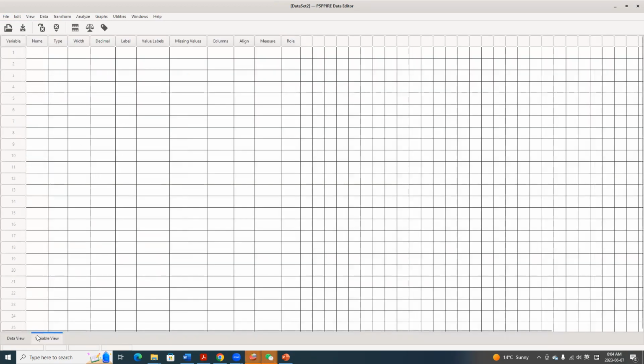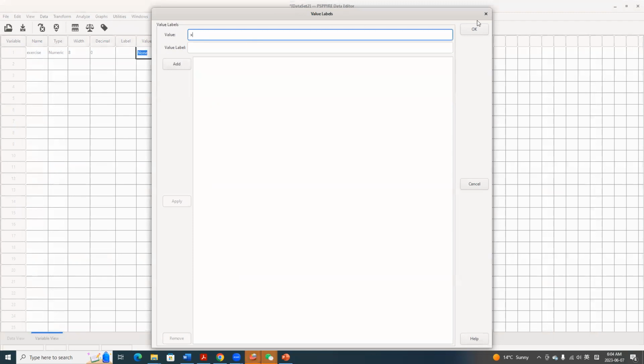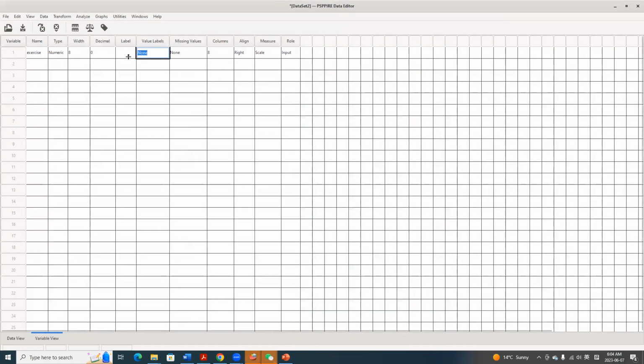So we have 2 variables. The first variable is exercise group, we don't need any decimals. Then labels.